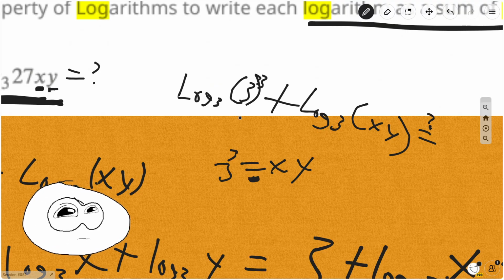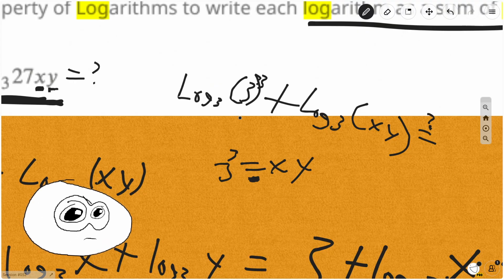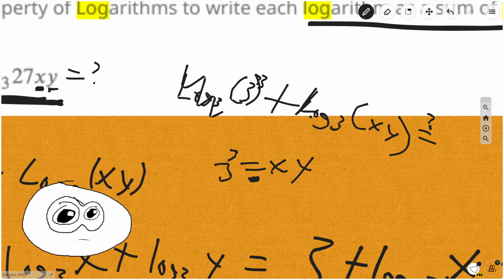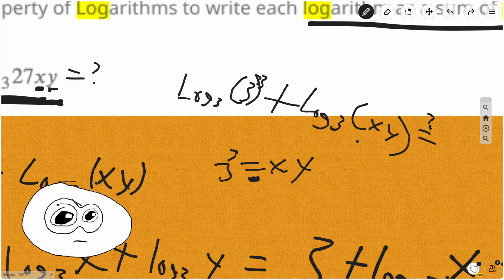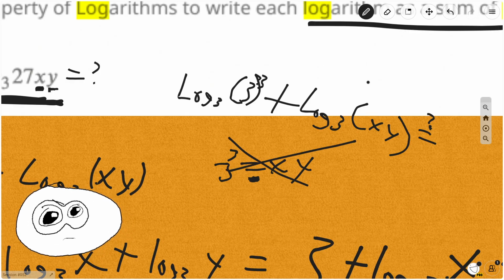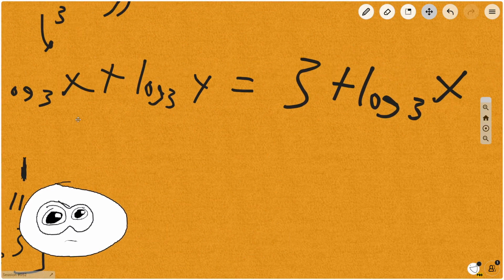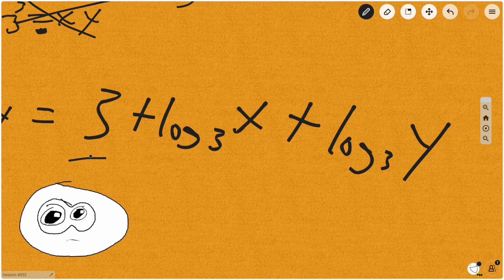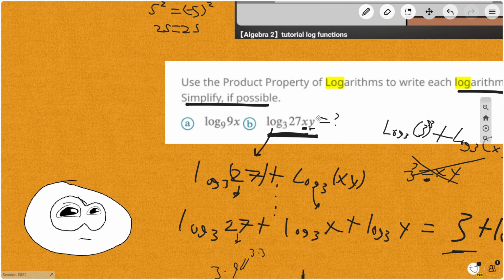You can't cancel out things from one side and the other, because there's only one side we're working with. So this would be wrong if you go that route. You just want to go the long route, and then maybe do a little extra where you end up with 3 instead of log 3 of 27.